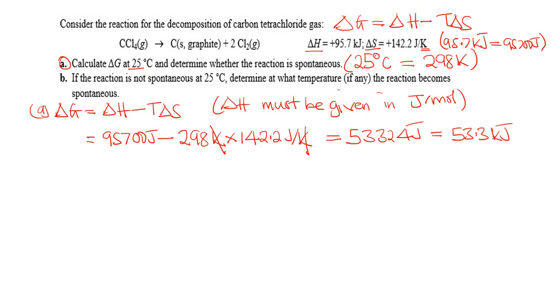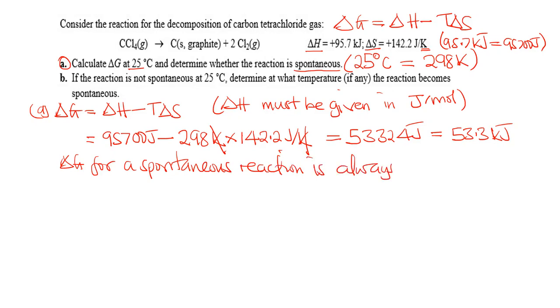Now the question is, is the reaction spontaneous? A spontaneous reaction must have a negative delta G. So we say delta G for a spontaneous reaction is always less than 0, or negative.